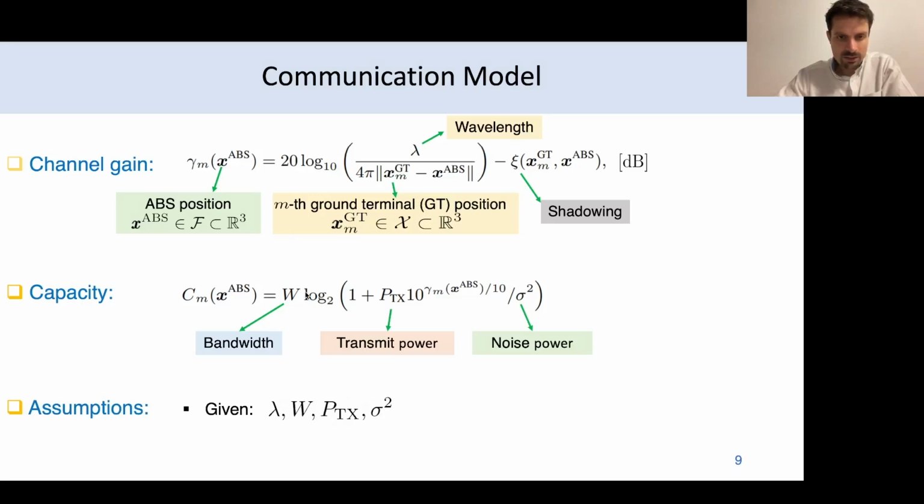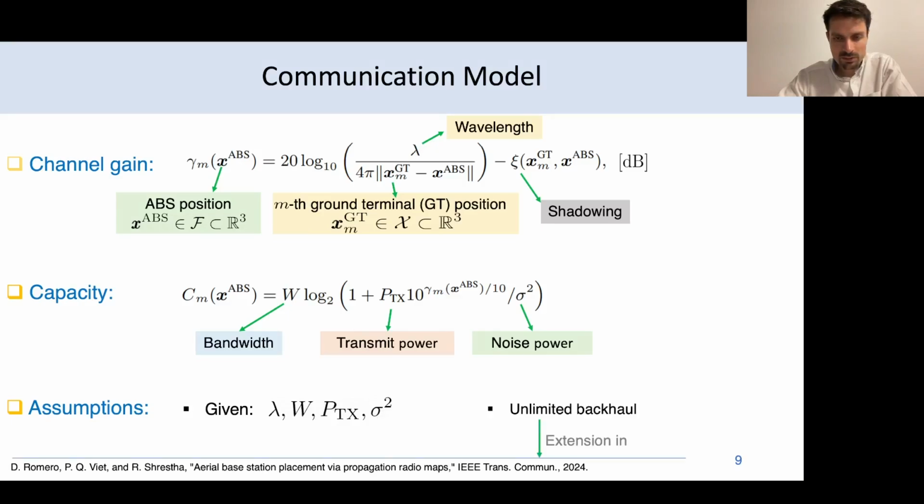Then we'll assume that the lambda, the bandwidth, transmitted power, and the noise power are known, which is reasonable. And we will be assuming that the backhaul is unlimited. That is, the connection between the terrestrial infrastructure and the UAVs has a sufficiently large capacity.